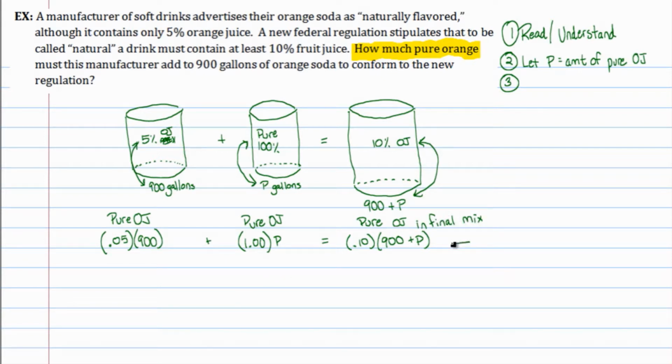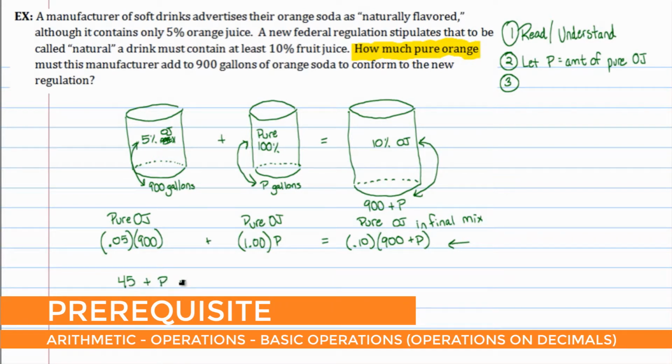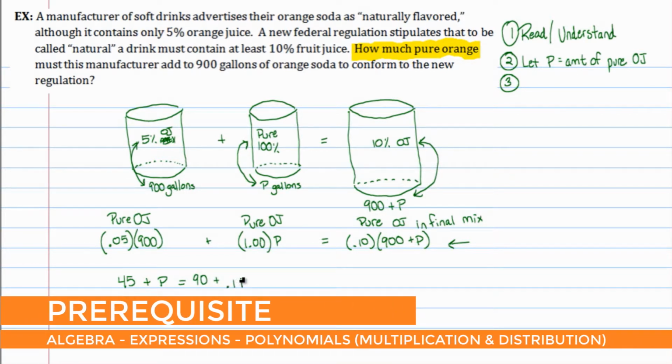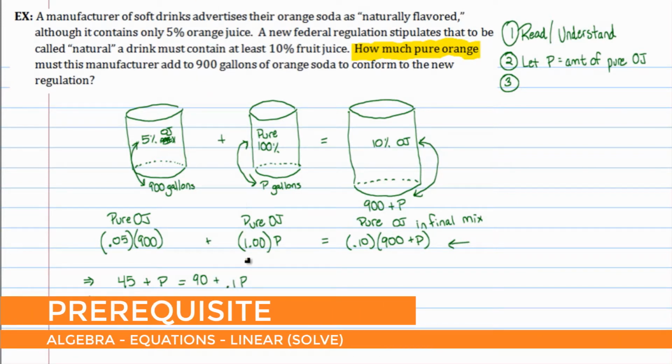And if you look at this equation, I can now zoom in on that and do my mathematics here without worrying about the rest of the words. So 0.05 times 900 is going to be 45 plus p, that's just 1 times p. And over here, 10% of 900 is 90 plus 0.1p. I forgot my implication signs. If I'm going to gather all my variables on one side, I'll subtract 0.1p from both sides.